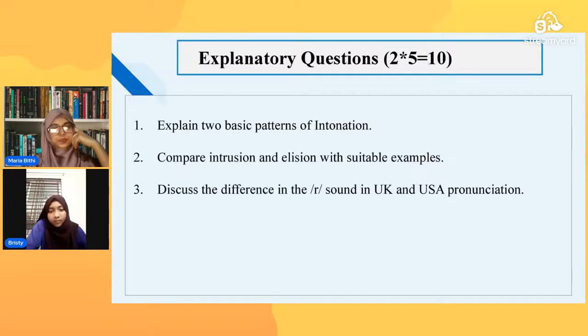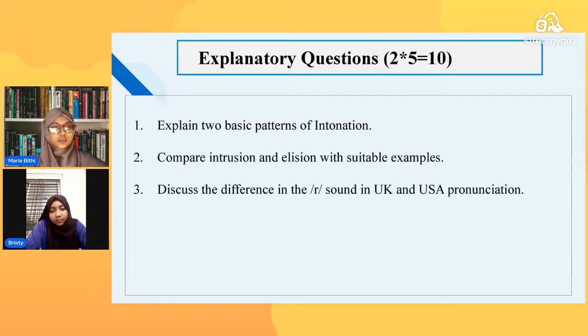Okay, then number 3, in UK pronunciation, R sound is not pronounced unless it is followed by a vowel sound. In USA pronunciation, R sound is always pronounced clearly. Okay, fine.